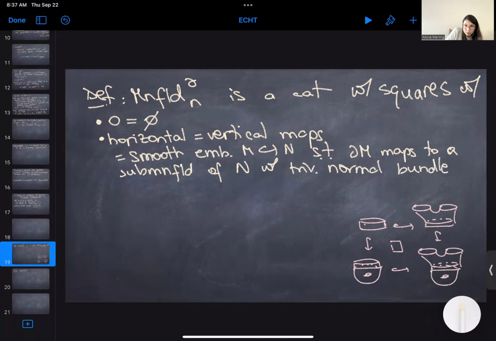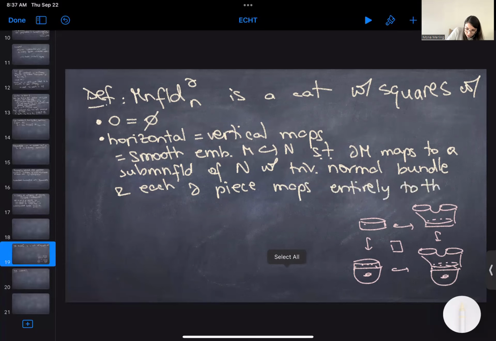And also we want to make sure that each boundary piece maps entirely to the interior or to a boundary piece.